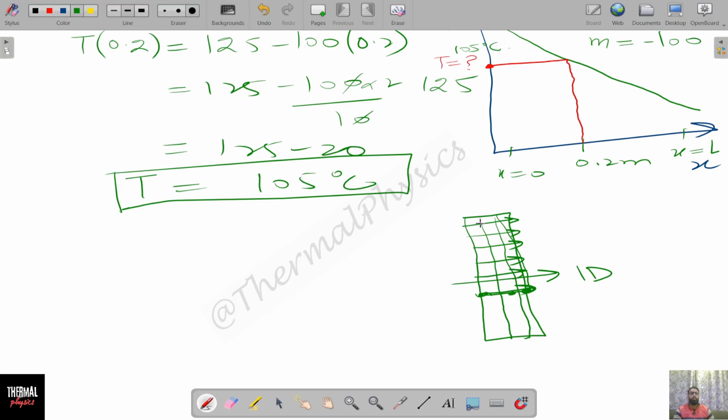So why bother to solve the entire 2D plane? We will choose just one dimensional line segment. Whatever temperature is on this line, it will be at every point on this vertical line. So we'll choose just this line segment.